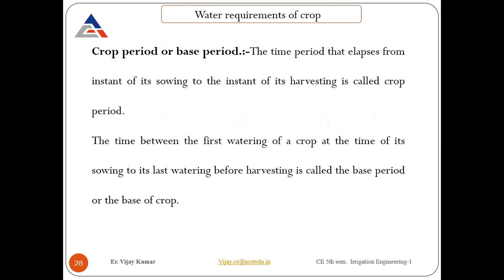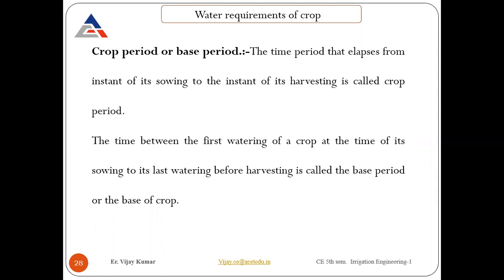Now the terms we are going to see are technical terms that need to be addressed here as civil engineering students. I already discussed in the previous class crop period and base period. Crop period is the time that elapses from the day you sow the crop to the harvest day. The time between sowing and harvest is called the crop period.